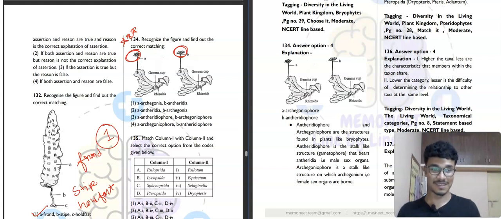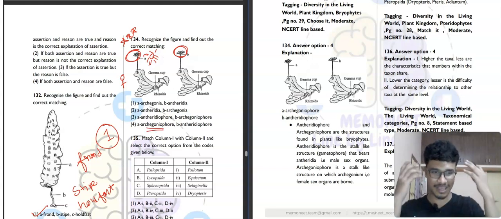They take care of themselves so much that they comb their hair and are always pretty. So, for trick purposes, you can remember that the one which has this should be the female one. That means it is the archegoniophore.